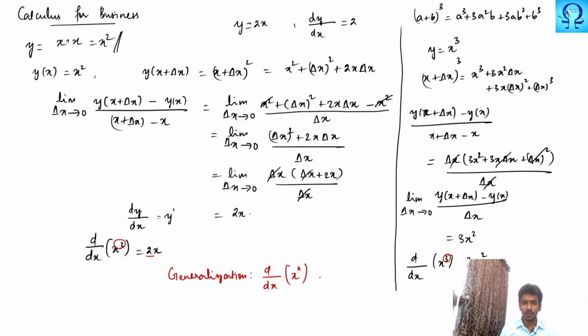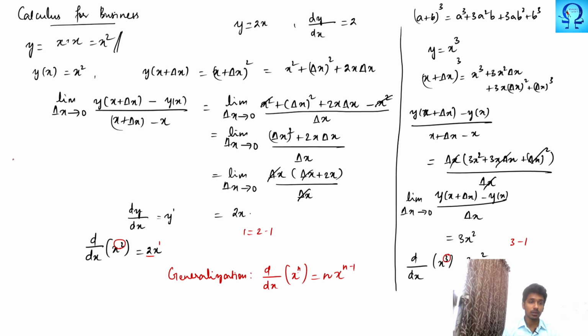So if we have n here, it is going to come to the front. And this 2, here we have 1, here we had 3 but we got 2. So this 1 shall be written as 2 minus 1, and this 2 shall be written as 3 minus 1, and this exactly happens to be the generalization. If you wish to get this generalization using the same idea, you may try it.